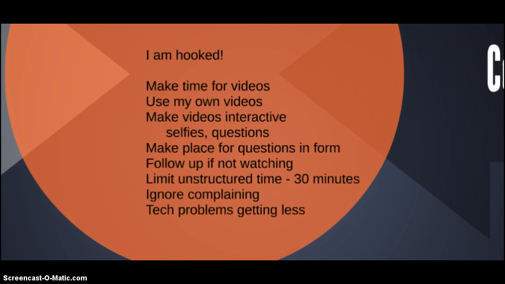And I decided to ignore the complaining. The very first unit, I had lots of complaints, and they had the highest scores on that test. So I decided to ignore the complaining, especially at the beginning, and at the end I found that there was a lot less complaining. And I find that the tech problems do get less and less, especially since some of my students just watched the videos on their cell phones, and they had fewer tech problems with cell phones than their computers.